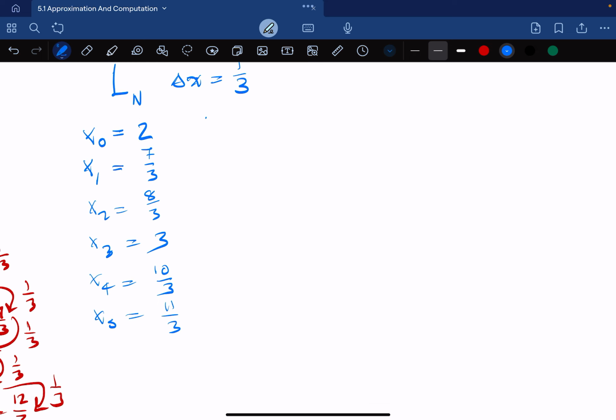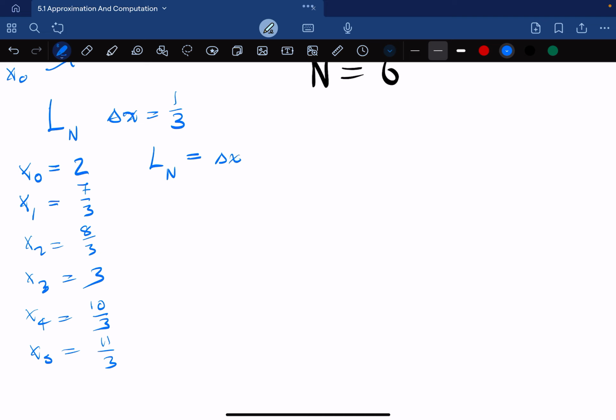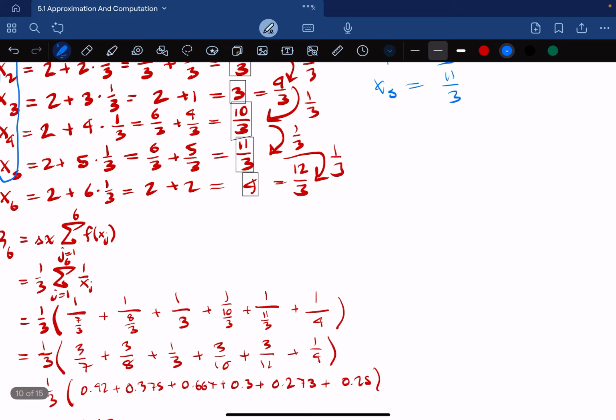Our formula is equal to delta x times the summation of j equals, so starting from j equals 0, because our very first x coordinate is x of 0, all the way to n minus 1, so simply just 5, of our function, which is 1 over x of j.